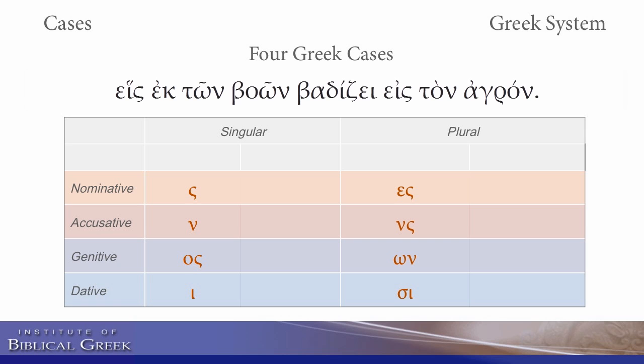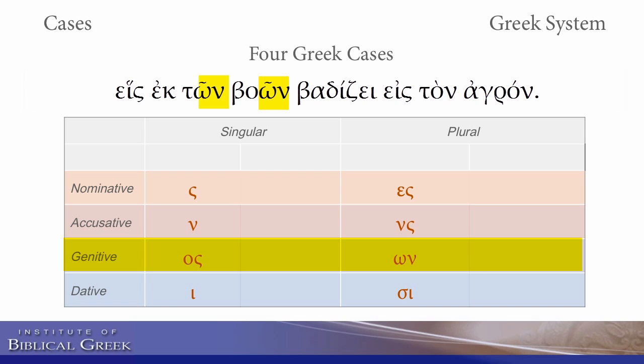So, for example, heis ek ton boon, badizei eis ton agron. Heis, that's my subject. You can hear it by the sigma at the end. One, ek, from ton boon, one from the oxen. Or I could just say, heis ton boon, one of the oxen.